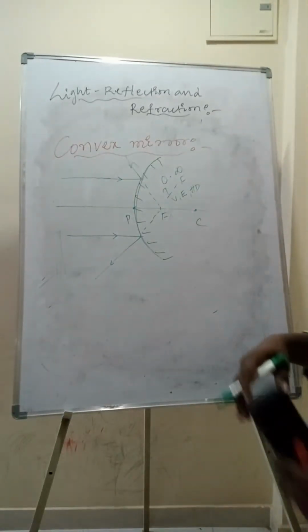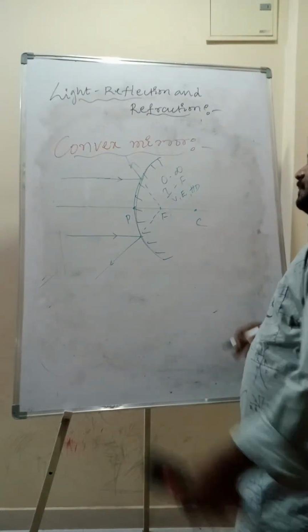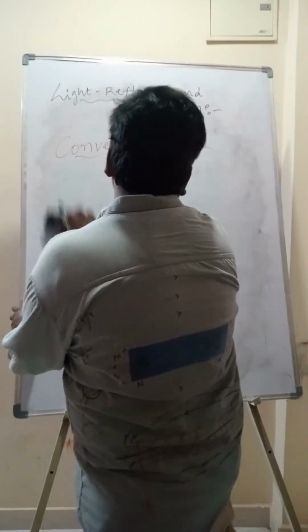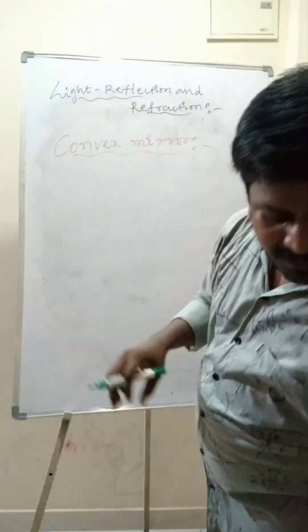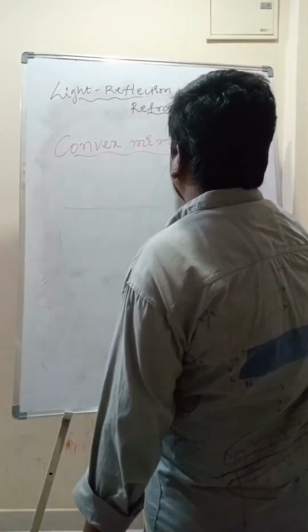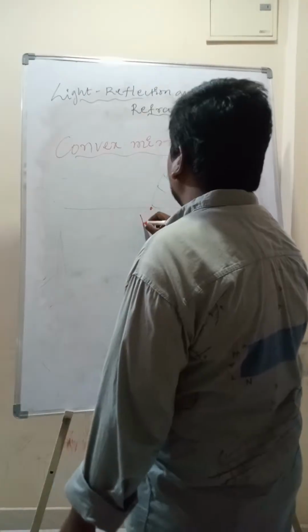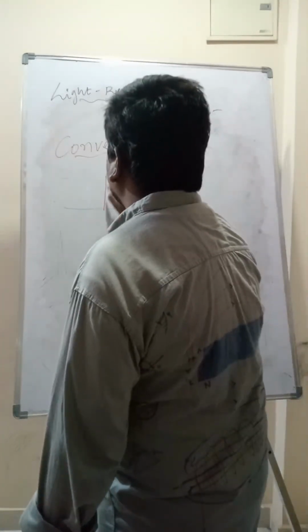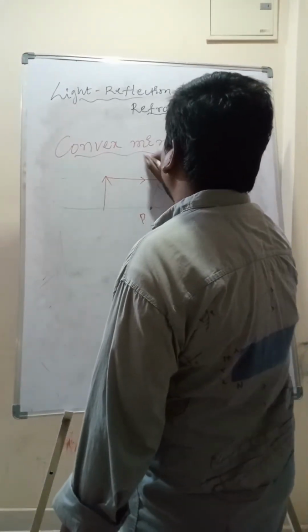Next, one more case. The object is placed between infinity and the pole. Pole, focus, center of curvature. Object is placed in front of the mirror. One light ray I am taking like this, it will be reflected back.